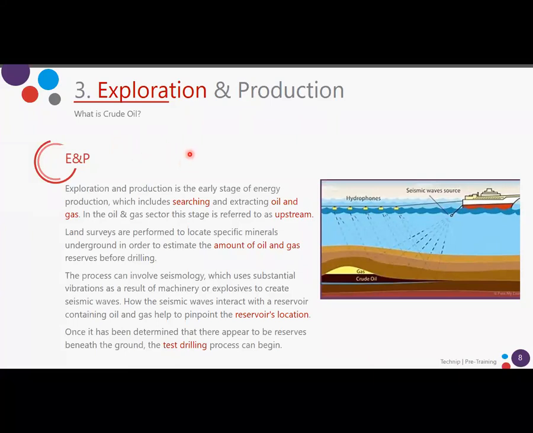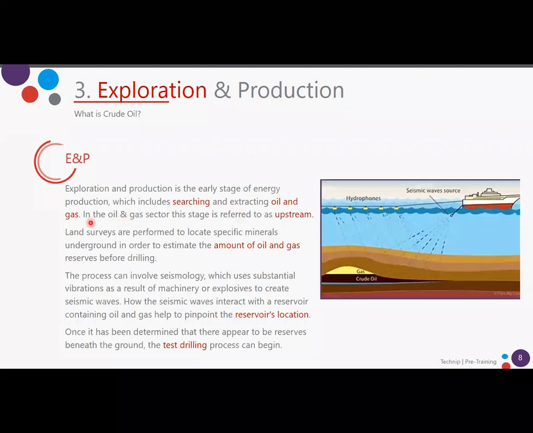The definition is that exploration and production is the early stage of energy production, which includes searching and extracting oil and gas. In the oil and gas sector, this stage is referred to as upstream. Then we have the midstream and the downstream sectors.